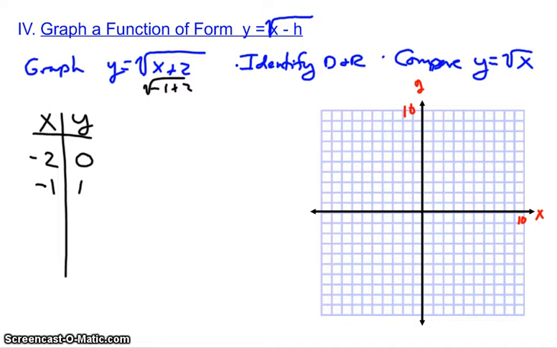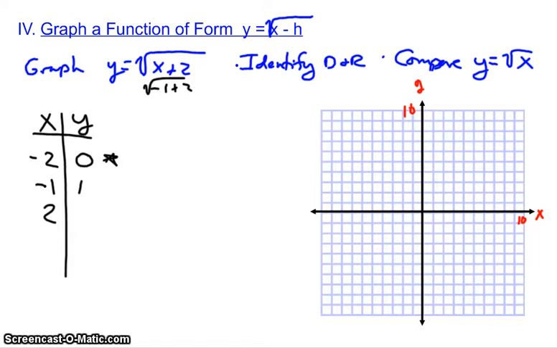And then the next perfect square we want is 4. So the next value we'll plug in is 2. Now you don't have to choose these values. You can find the square root of 3 if you want, right? But this first value is really critical, that you know the smallest number that could be input. You've got to find that point. The rest of them are just going to form your curve.